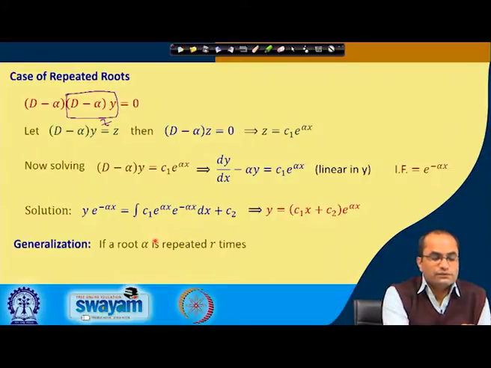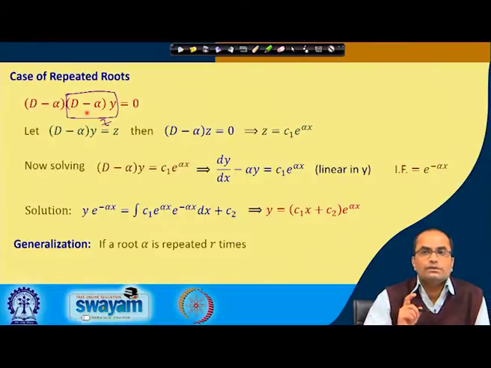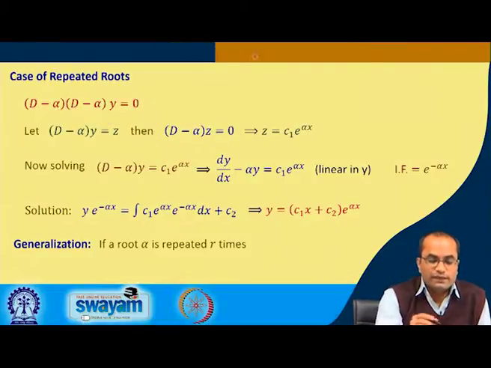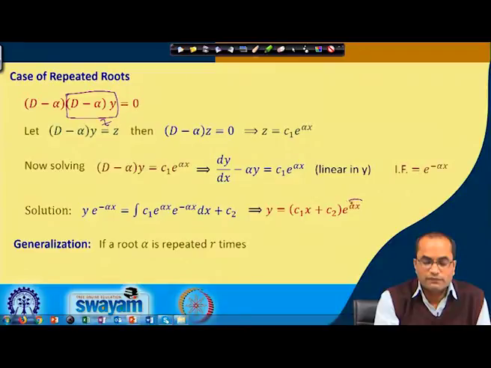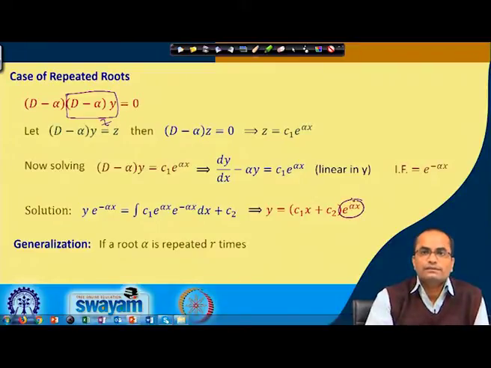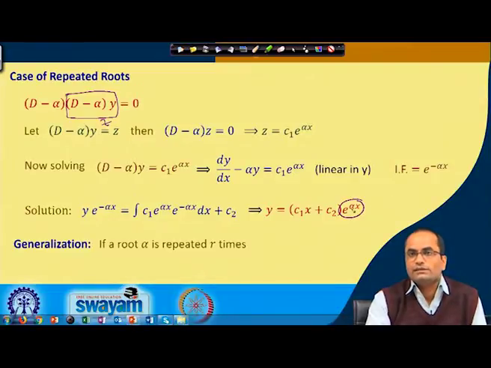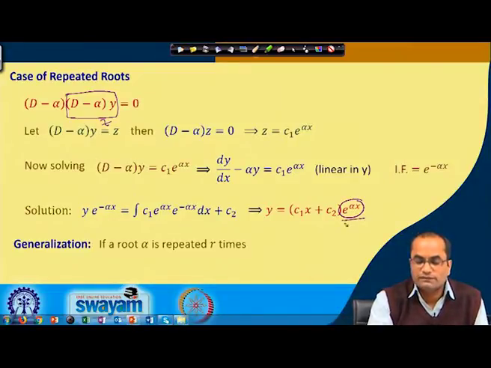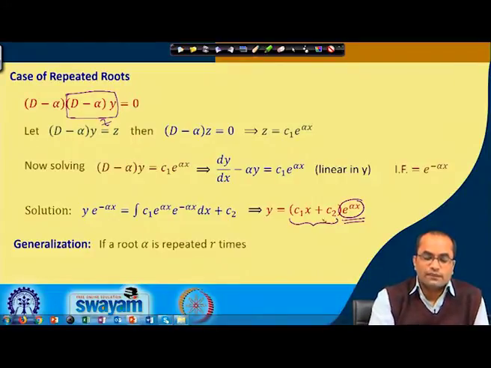For example, in the second order equation we discussed, alpha was repeated 2 times, and we got the factor e power alpha x, like in the earlier distinct case where we got e power alpha 1 x, e power alpha 2 x. Then the 2 constants are given by c 1 x plus c 2.